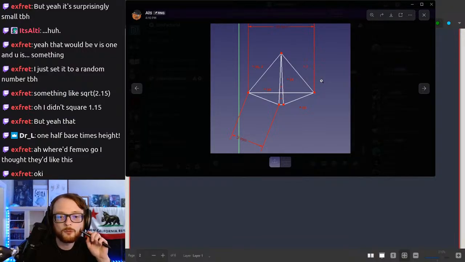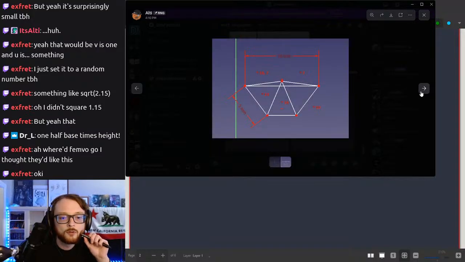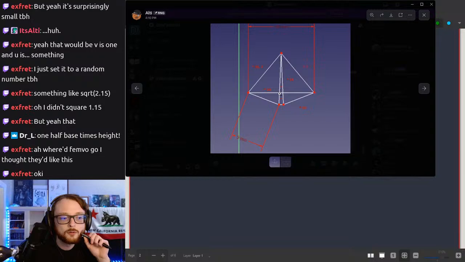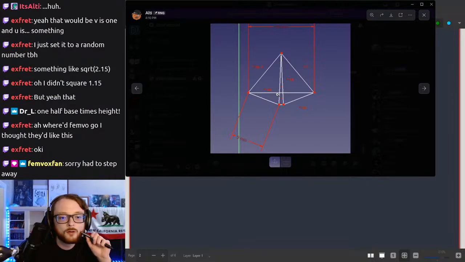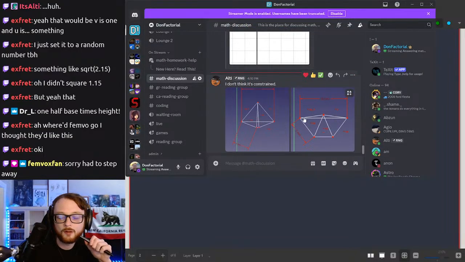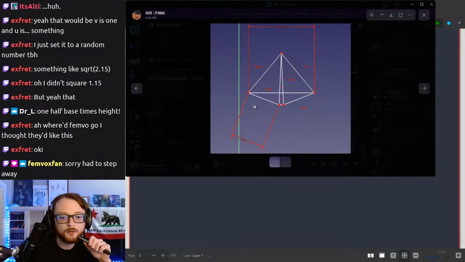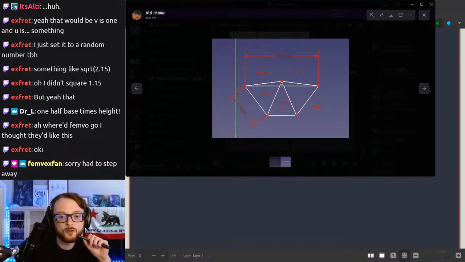We're holding U fixed. Is this the same length as this? It looks shorter. Oh, this is something that Alti just posted. It's hard to tell, are these equal signs areas? It should be constrained if this length is fixed, because it looks like it's changing from one image to the other.